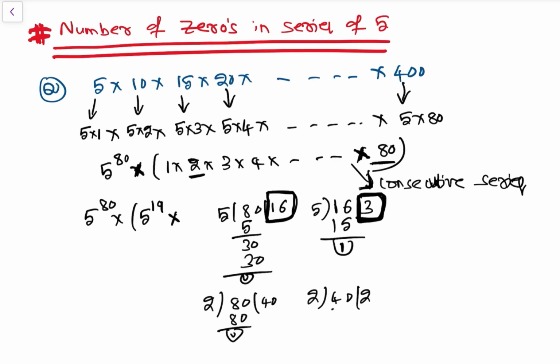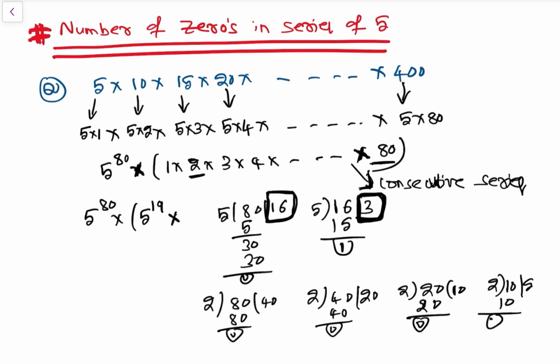So 2 2s are 4, so 0, that is 20. Then 20 divided by 2, that is 2 10s are 20, so the remainder is 0. Then 10 divided by 2 gives 5, so 2 5s are 10, 0.